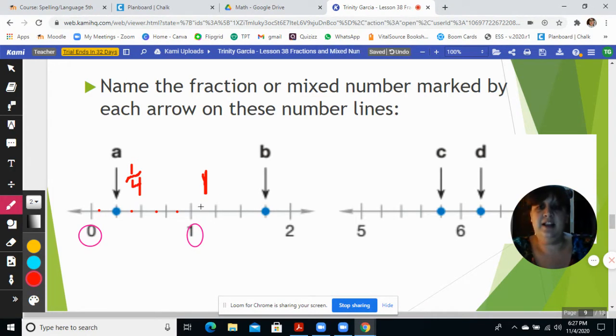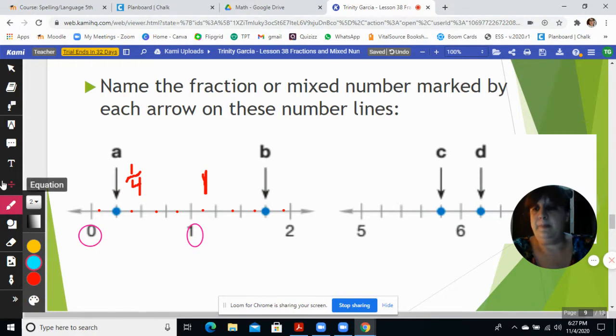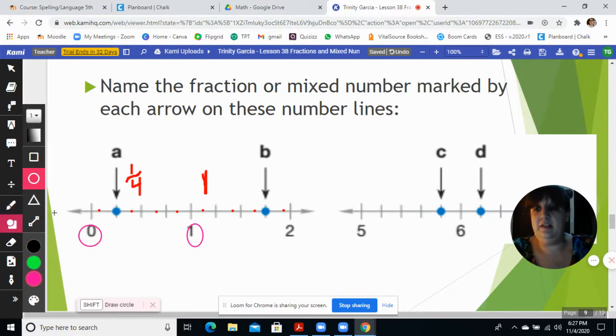And then we count our sections. 1, 2, 3, 4, because there are 4 sections between our 2 whole numbers, between 1 and 2 now.